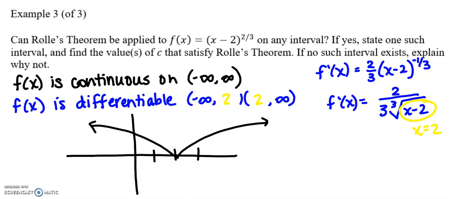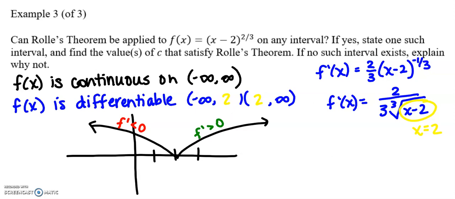Our derivative confirms that. So if I try to set up my f of a equal to f of b, this whole side is decreasing, right? This whole side, f prime, is less than 0. This whole side, f prime, is greater than 0. Is there ever a place where f prime is equal to 0? No, there's not.